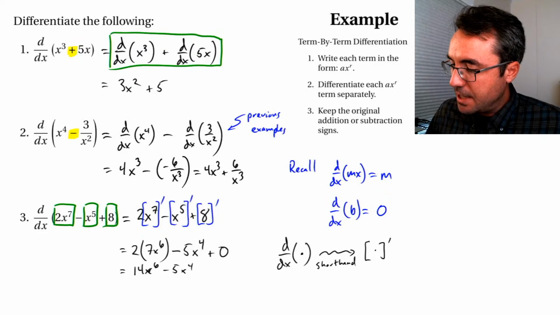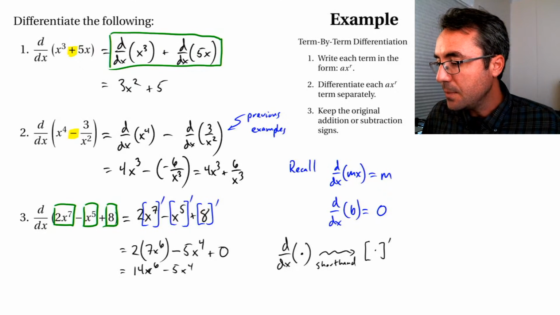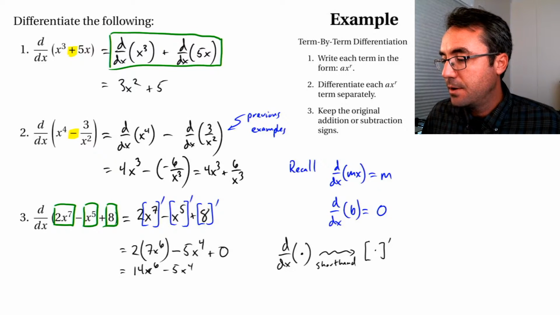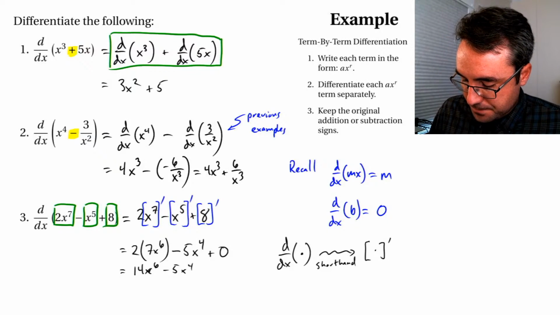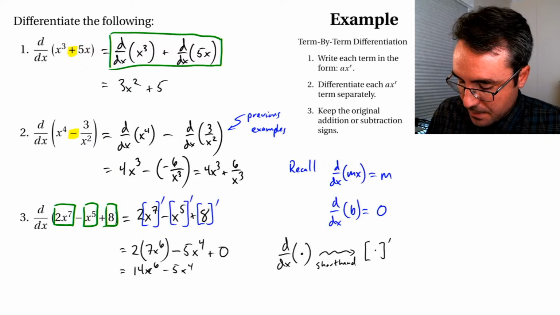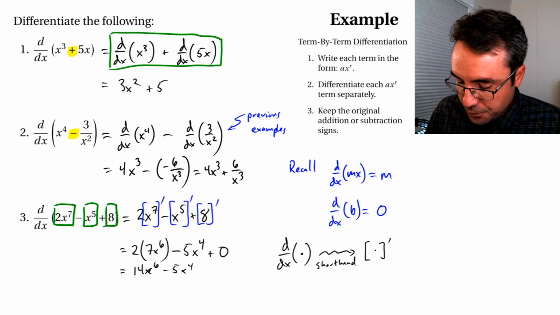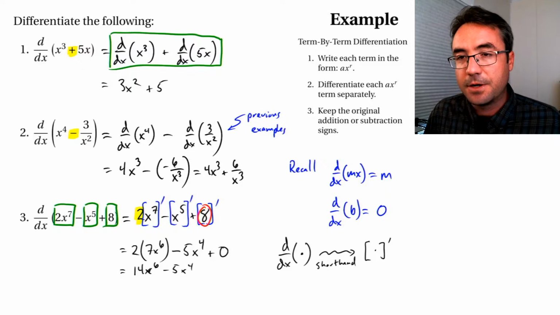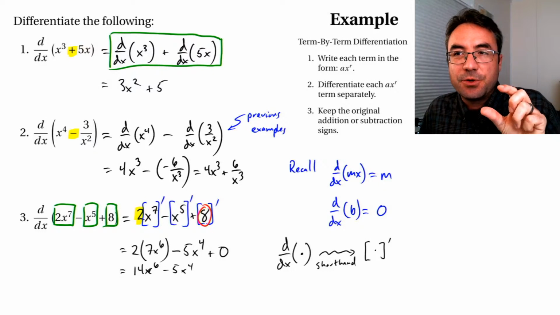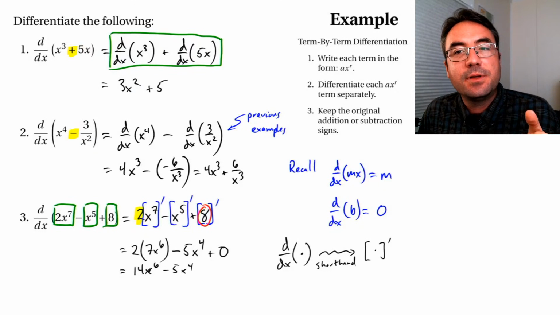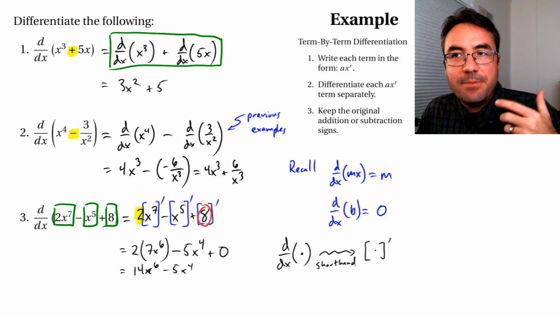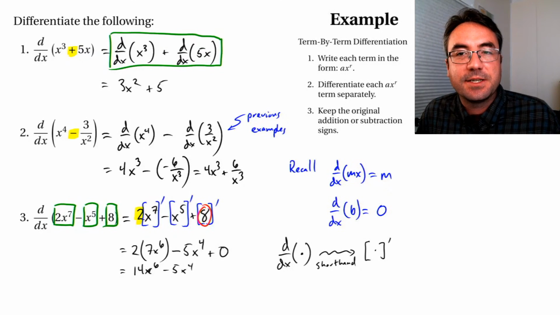And then just one thing to keep in mind is this 2. There's a difference here between this 2 and this 8 term here in our function. So the 2 is attached to a variable. So that's why it makes it through the derivative process.